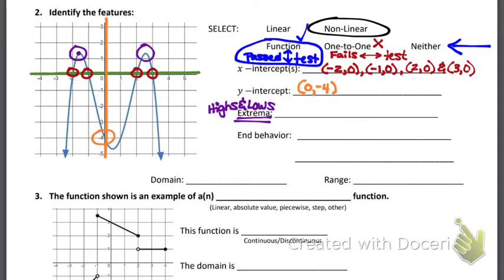Since these are tied for the highest, they would both be maximums. So these are maxima. Remember, maxima is just the plural form of maximum.